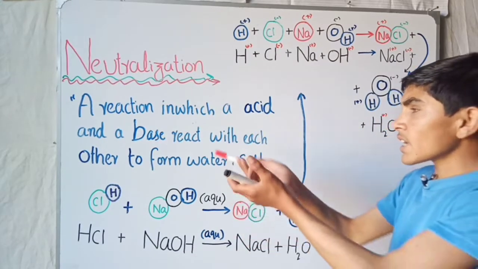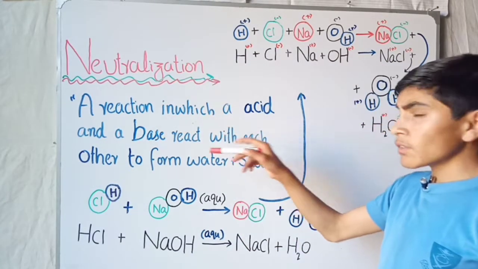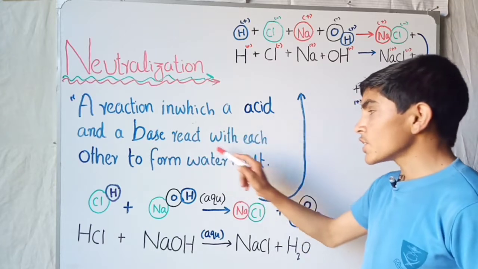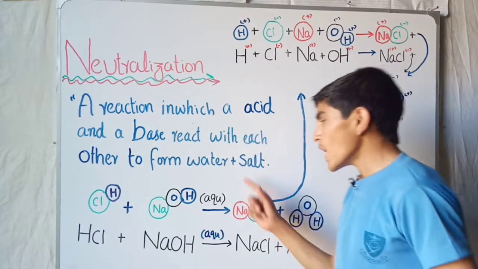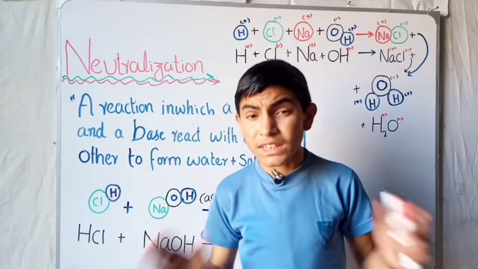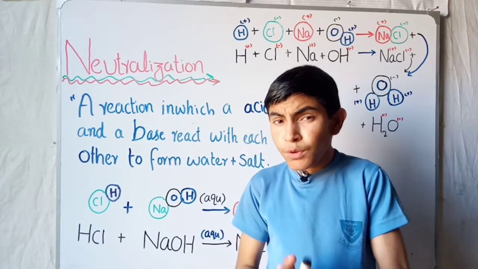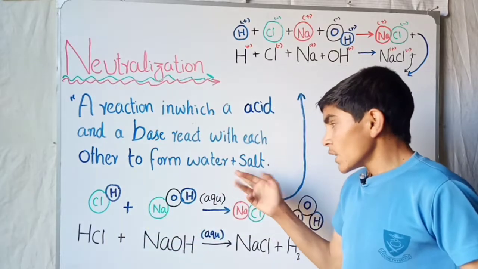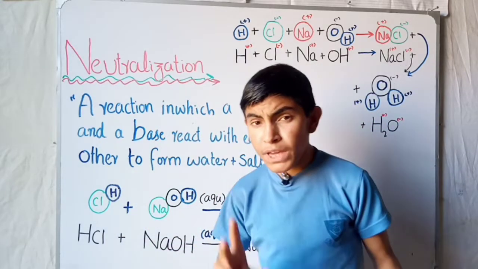A neutralization reaction is a chemical reaction between an acid and a base, in which an acid and a base react with each other to form water plus salt. The word neutral means that it will give a neutral product. Salt and water are neutral, they have pH 7.